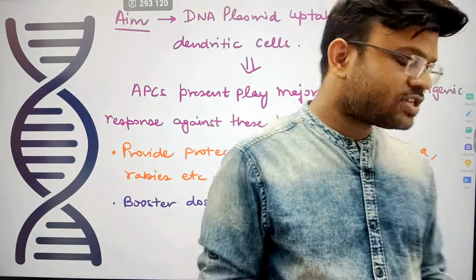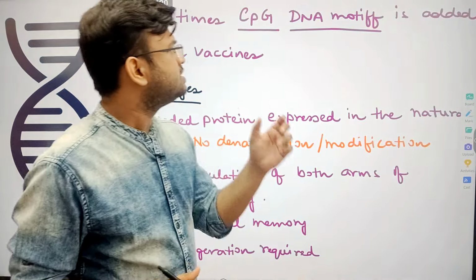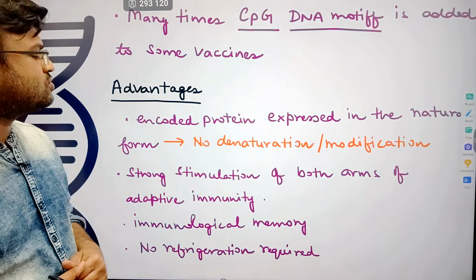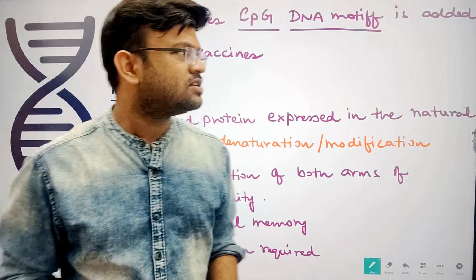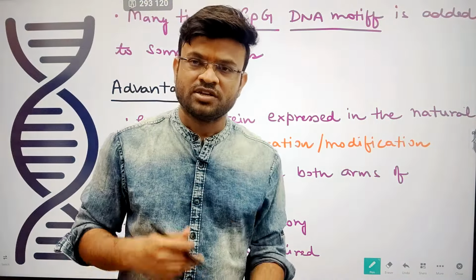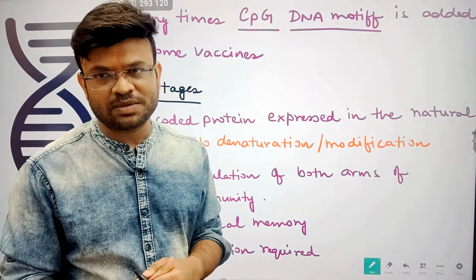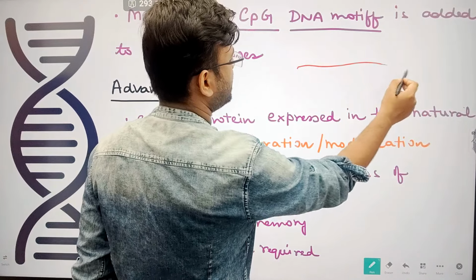Now, let us move forward and talk about the next thing. Many times, a CpG DNA motif is added to some vaccines. So what do you mean by CpG? Let us understand this. C means cytosine, P means phosphate, G means guanine. So this is called CpG islands. Suppose this is the DNA that you had injected.